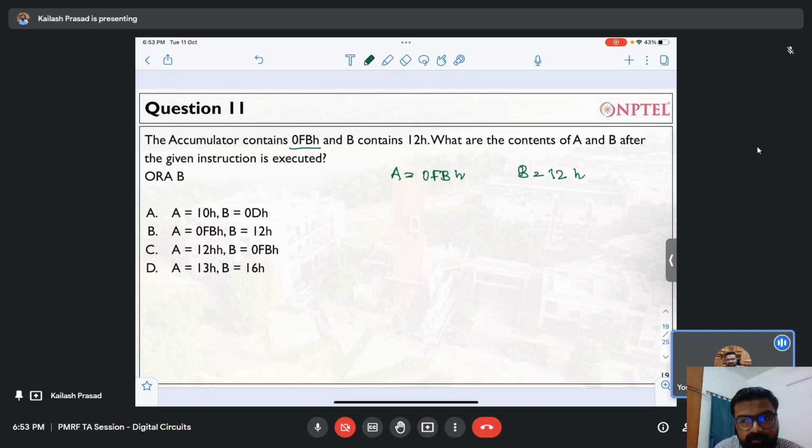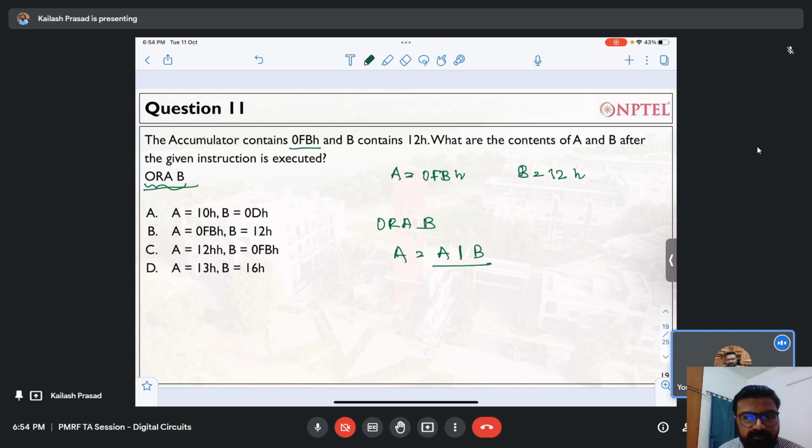The question is, when you execute this operation ORA B, let me tell you, ORA B means A is equal to A OR B. Just like what we have done with bitwise AND and bitwise XOR, it is a bitwise OR. After executing this operation, what will be the value of A and B?